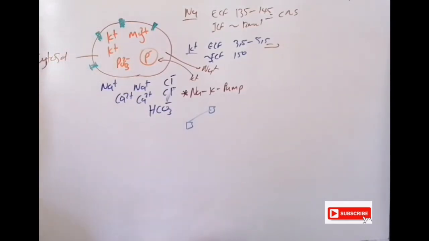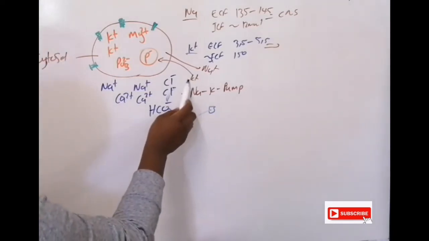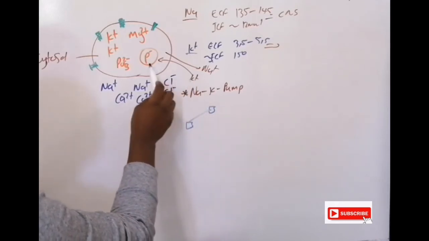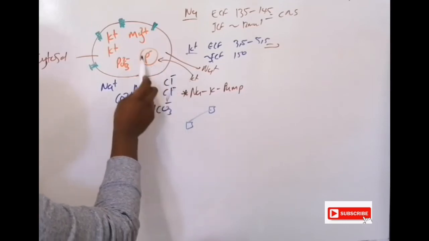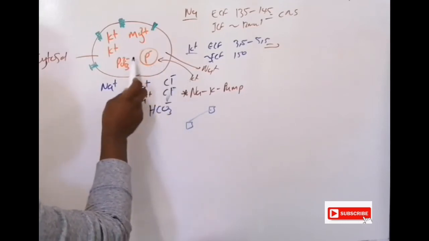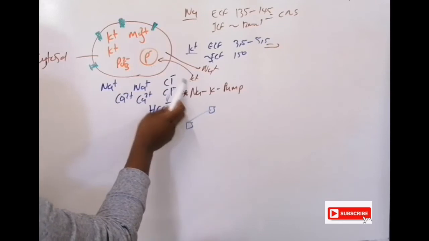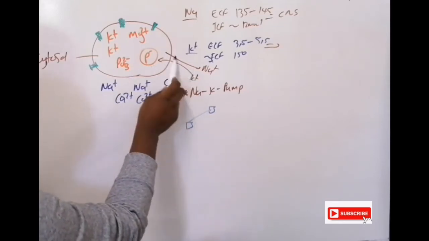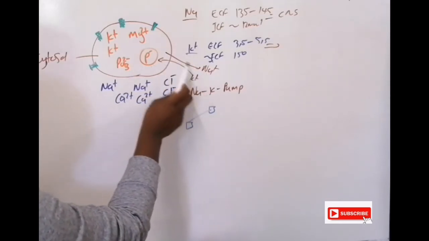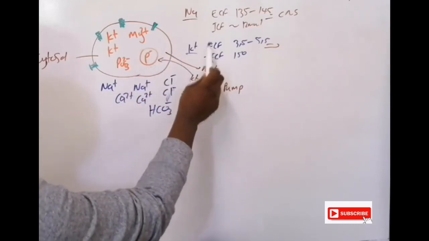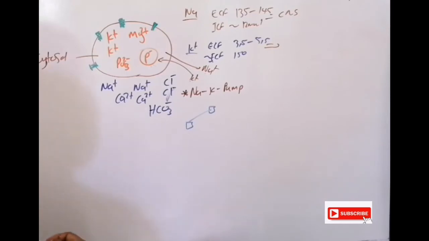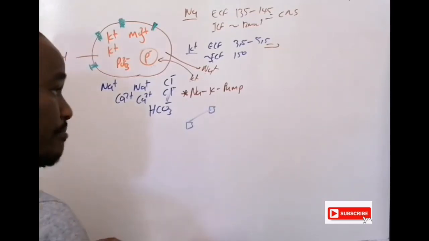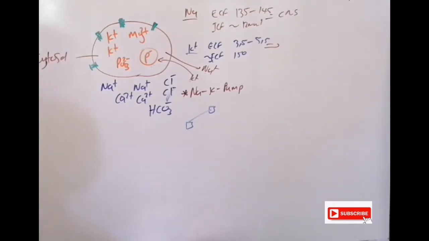You're going to need ATP. It's an active transport. So when you are pumping potassium from the outside to the inside, you are pumping it against its concentration gradient, because we know that potassium is more abundant inside than outside. So you're going to need energy for that. The same applies when it comes to sodium. When you're going to pump sodium into the extracellular where it's more abundant, you are going to need energy for that. So that's why they call it the sodium potassium ATPase pump.